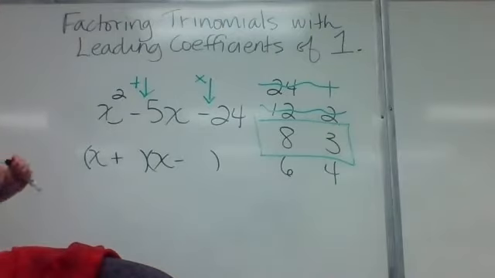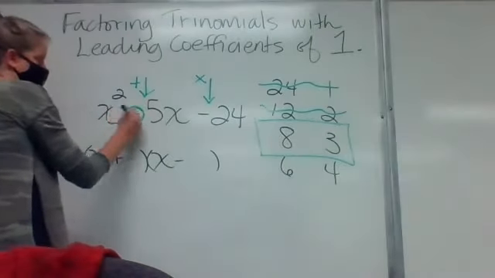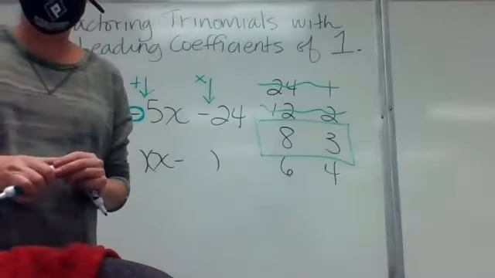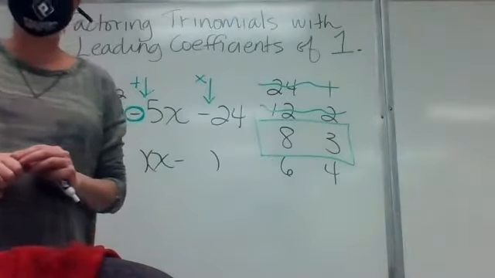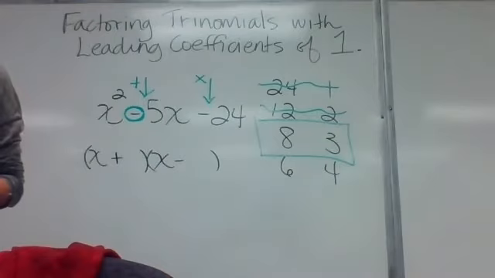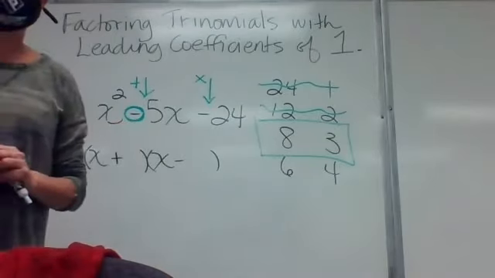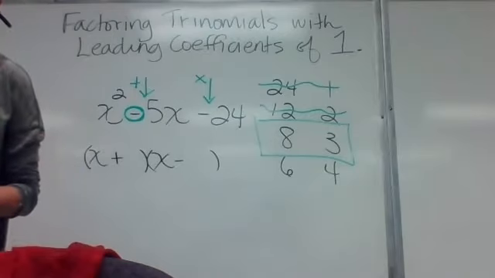So remember what our trick is. This sign tells you what you need more of. You need more negative if you're going to end up at negative 5. You're going to need more negative than positive.